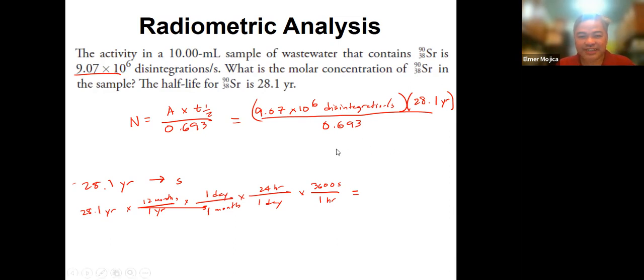Pero hindi pa yun yung final answer because the one that's being asked is, what's the molar concentration? So usually kapag nag-disintegrate yan, magpo-form naman siya ng atoms. So from the atoms, we're going to determine the moles. Tapos meron tayong given volume dito.